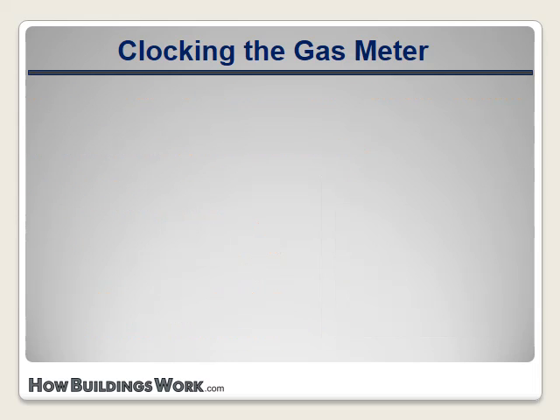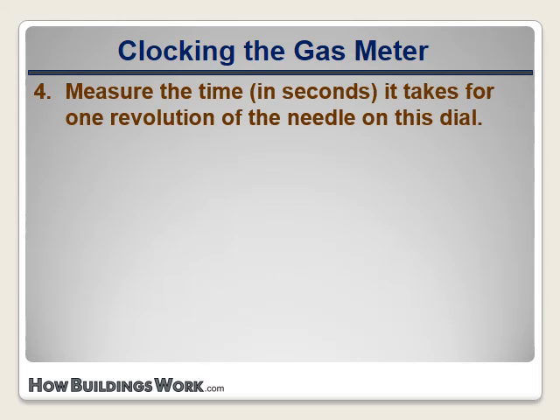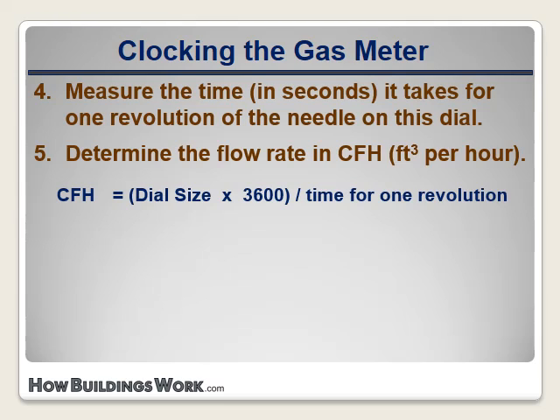Use a stopwatch to measure the time it takes for one rotation of that smallest dial. Now you can scale up that measurement to how many cubic feet would be flowing to the appliance if it ran for a full hour. The number of cubic feet per hour, or CFH, is equal to the dial size in cubic feet per revolution times 3,600 divided by the number of seconds it takes for one revolution.